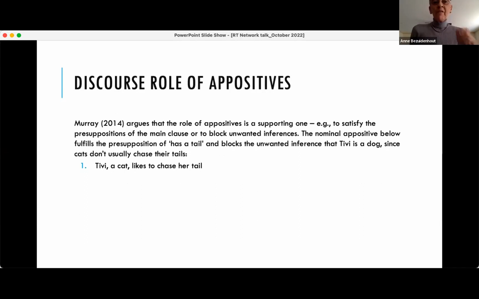Murray argues that the role of appositives is a supporting one, for instance, to satisfy the presuppositions of the main clause or to block unwanted inferences. In "TV, a cat, likes to chase her tail," the noun phrase appositive is supposed to be blocking an unwanted inference that TV is a dog, and also satisfying the presupposition that TV is a thing that has a tail.